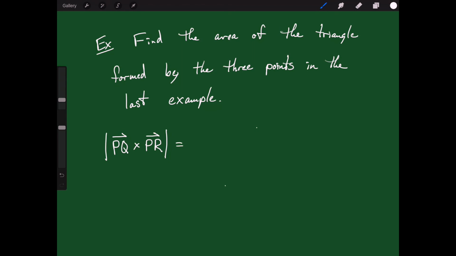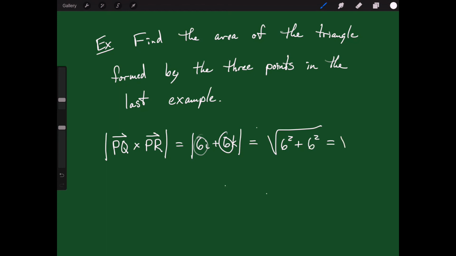So the area of the parallelogram is going to be the magnitude of 6i plus 6k. But that magnitude is just equal to the square root of this first component squared, 6 squared, plus this second component squared, 6 squared. So that is what?